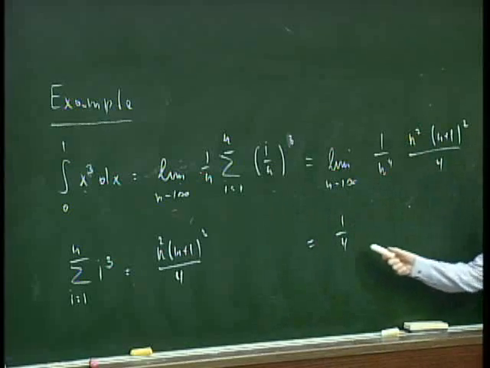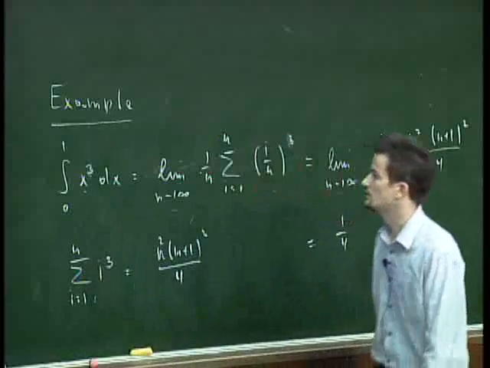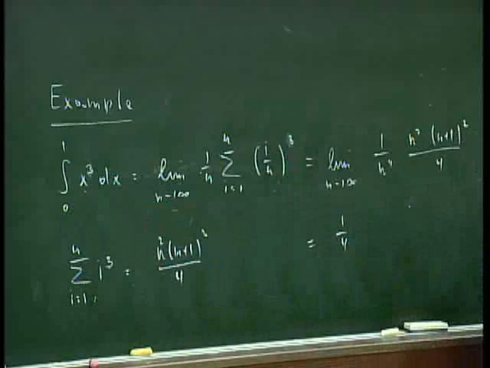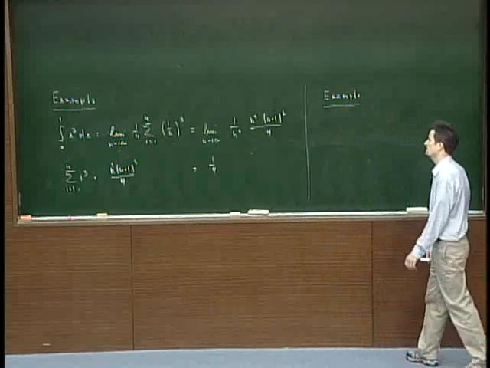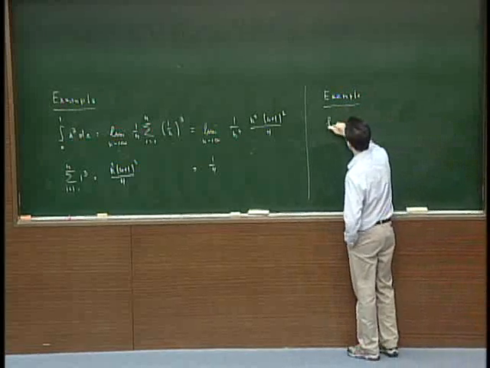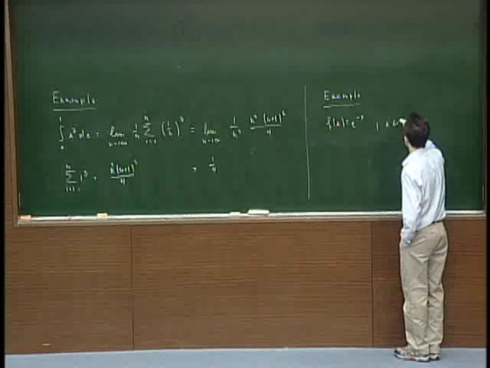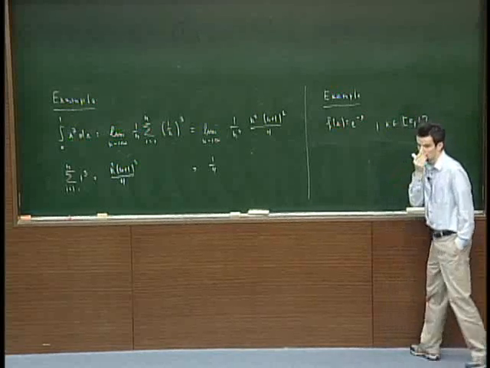So also in this case we are lucky because we know this formula, so we can compute the limits, hence we can compute the integral. Now, if you look at other examples which are slightly more complicated but also manageable, for instance f of x equal to e to the minus x, where x is on the interval from 0 to 1.